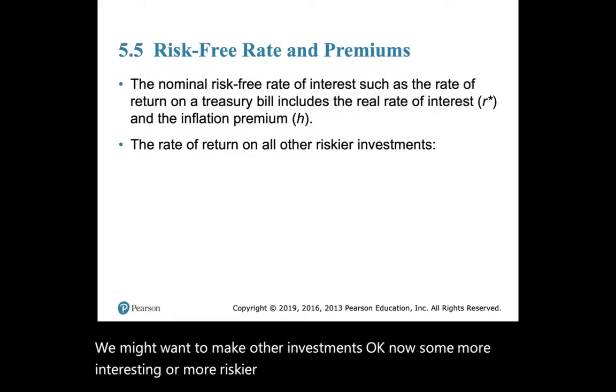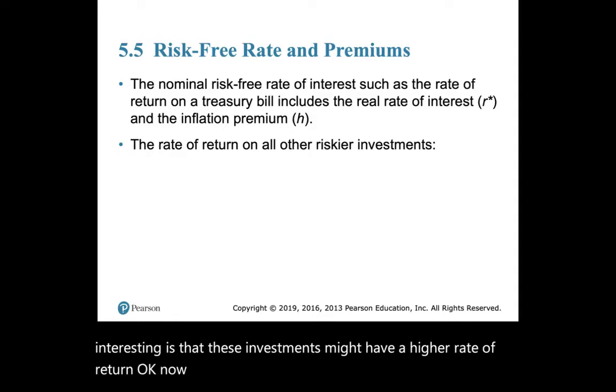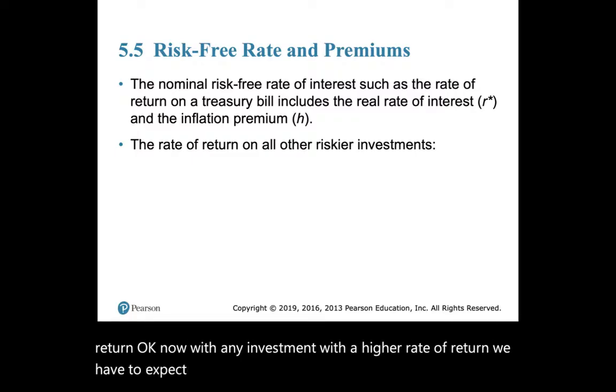What we mean by interesting is that these investments might have a higher rate of return. With any investment with a higher rate of return, we have to expect to incur some more risk. So this is what we mean by the two premiums.